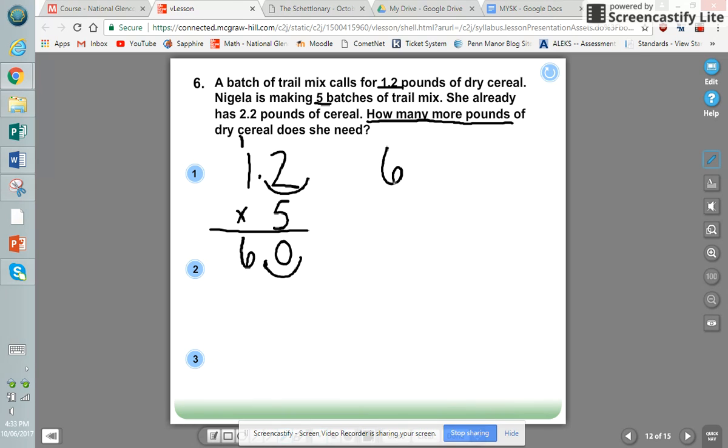And it looks like she has 2 and 2/10 already. This is, my friend, a subtraction problem. We have to find out how much she needs to get. I'm not sure where she's going to go. Maybe Dunkelberger's, maybe the John Hers, Jim Eschbach's. We're not sure. So let's subtract. And 1 over there. Okay. That's 8 and 3. So Nigella needs 3 and 8/10 more pounds of dry cereal to finish off her trail mix.